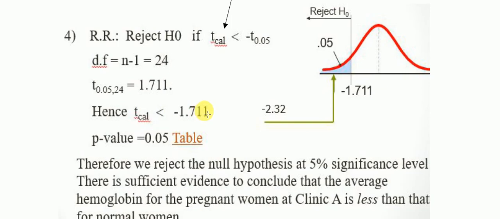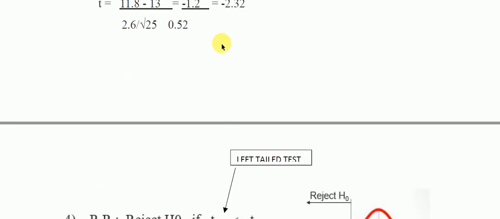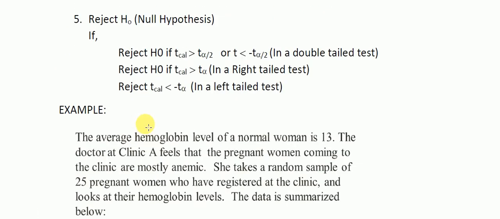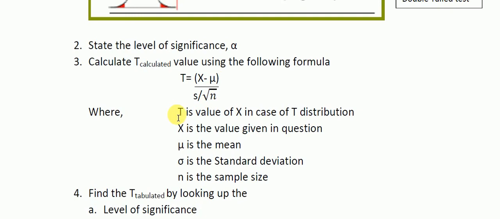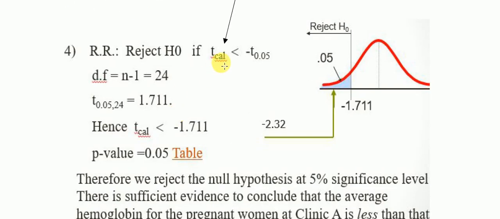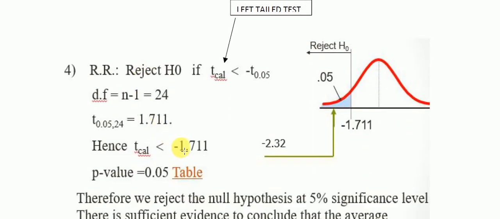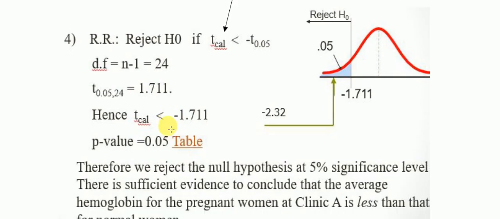So we are going to reject the null hypothesis, because we had to reject the null hypothesis if T calculated, which is this value we calculated using this formula, is less than minus T tabulated, which we found out using the T table. Minus means we multiply the value that we find in the T table by minus 1. In this case minus 2.32 is obviously less than minus 1.711, so we reject the null hypothesis.